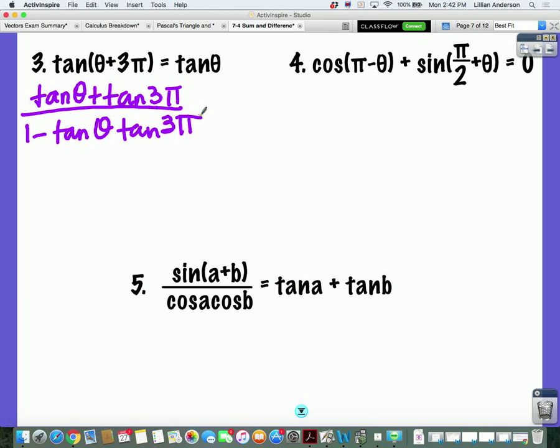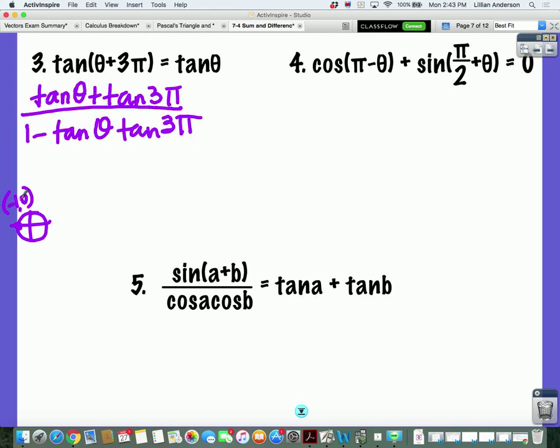And you cannot cancel these out because technically we are subtracting those and we're adding at the top. So we can't cancel out the tangent 3 pi, we can't cancel out the tangent theta. So we are going to have to simplify this. Now, 3 pi, I know it's not on your unit circle, but 3 pi is also the same thing as saying pi. What's the ordered pair at pi?